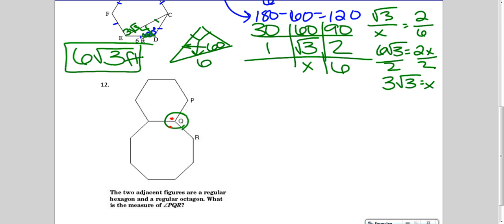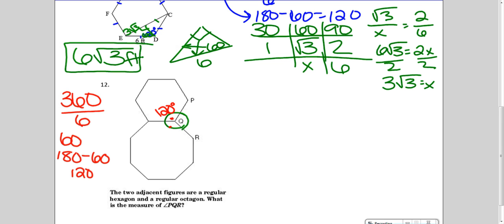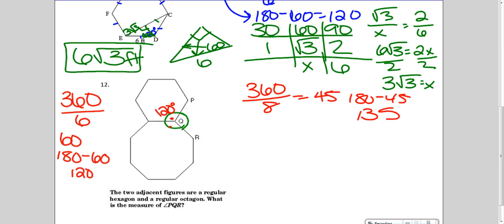So my interior of a hexagon, 360 divided by 6 is 60, and then subtract that from 180. So I know this angle right here is 120. My regular octagon, 360 divided by 8 is 45. Subtract that from 180. And this piece here is 135 degrees.